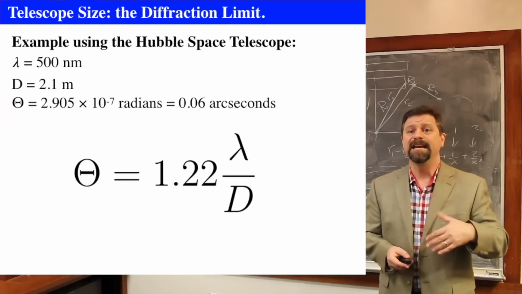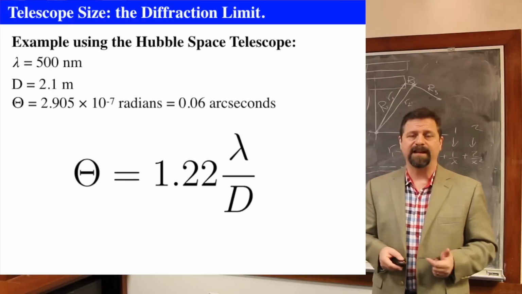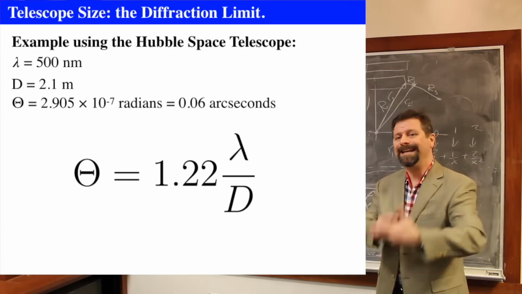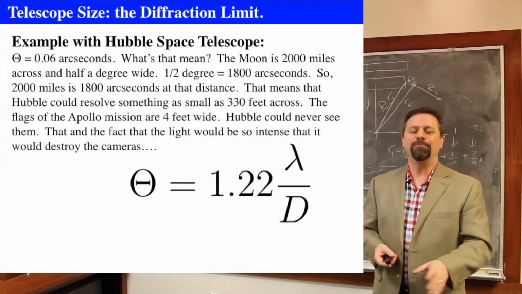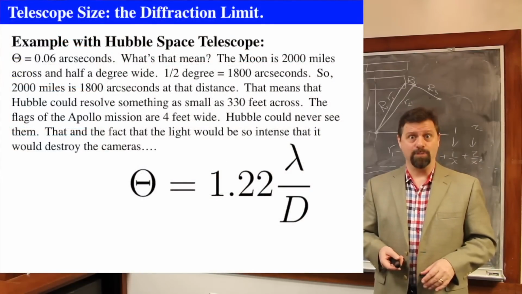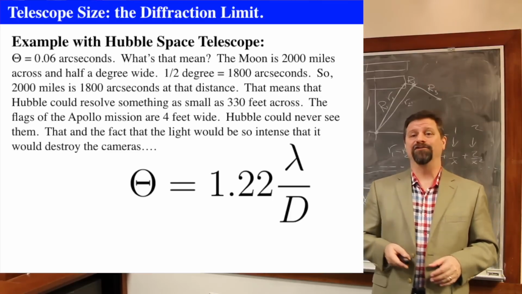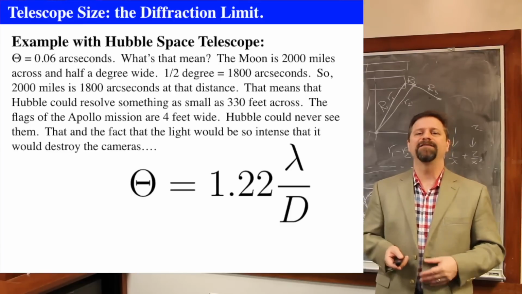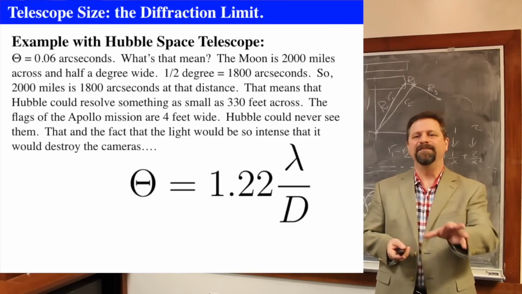So if something is, say, 0.01 arc seconds or 0.0001 arc seconds, the Hubble Space Telescope isn't going to be able to resolve it. Let's play around with it and say we could point the Hubble Space Telescope at the moon to try to see the flags left by the Apollo missions. The moon's about 2,000 miles across, about a half a degree wide, so that's 1,800 arc seconds in the sky.